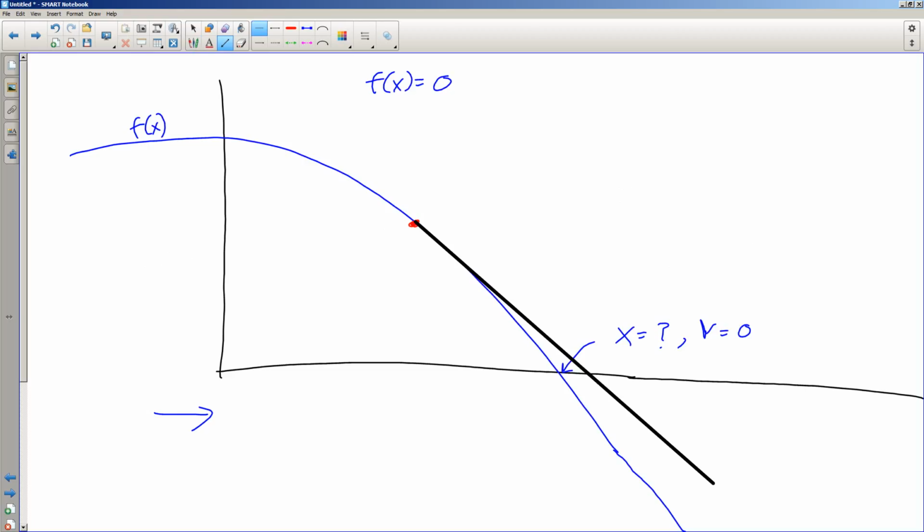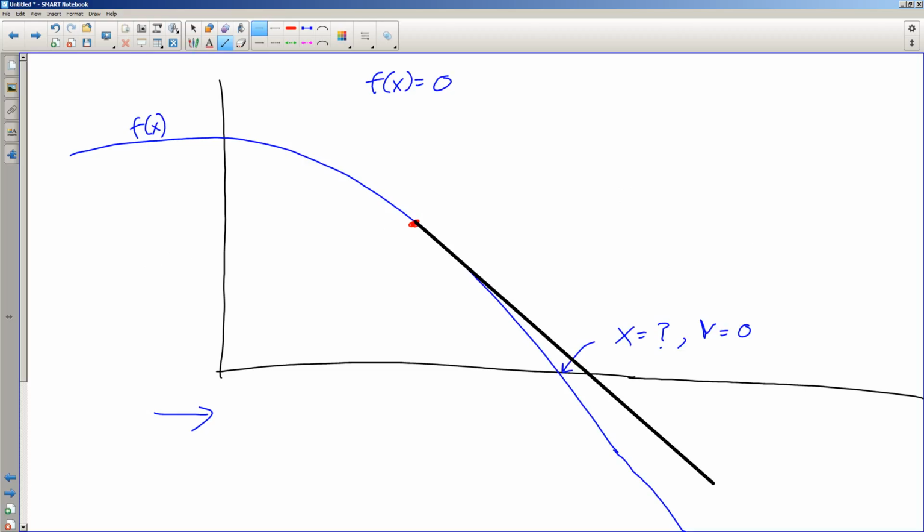So what I'm going to do is I'm going to take this blue function and I'm going to approximate it with this black line. Okay, this black line is just a simple equation, y equals mx plus b. Now, I can easily figure out where the root of that line is, where it intercepts the axis. So I figure out where that point is.